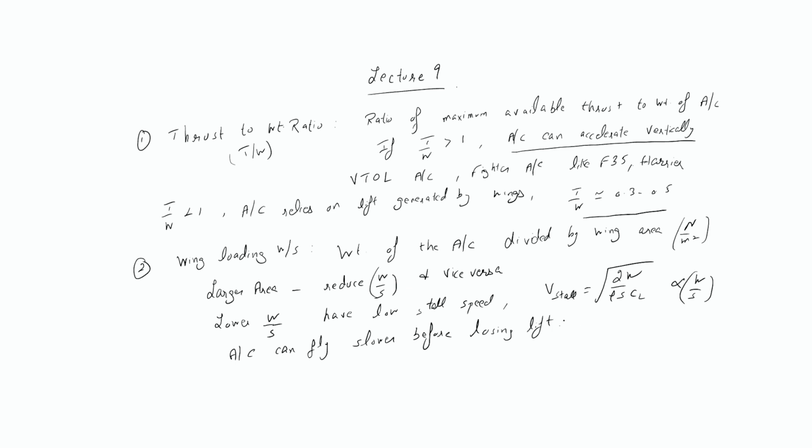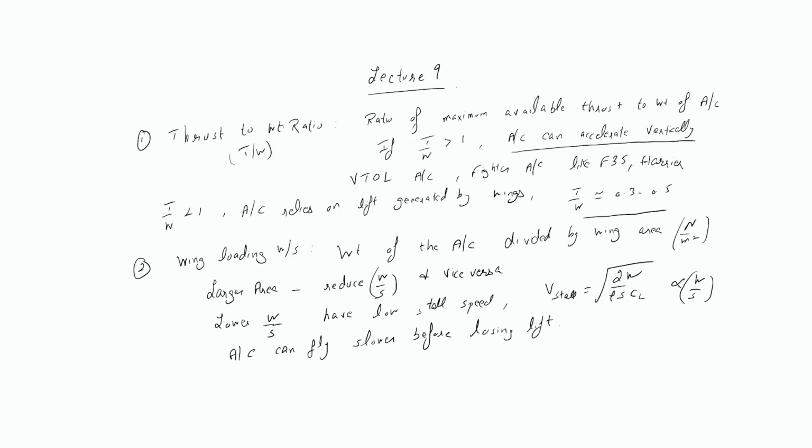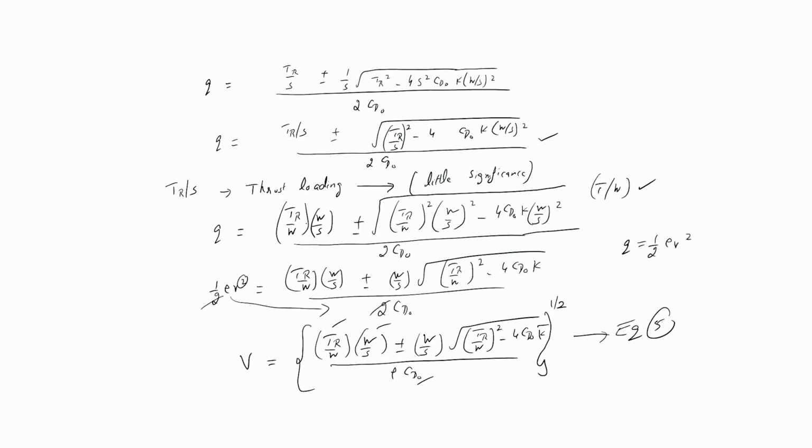Now we have mentioned velocity depends upon these parameters: T by W, wing loading and drag polar. V also depends upon altitude, that is by density, by rho. That you should never forget. Now let us see this equation.